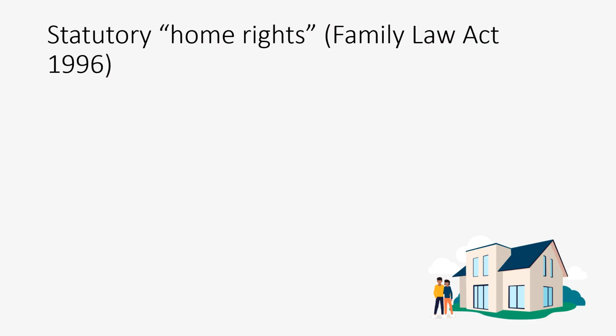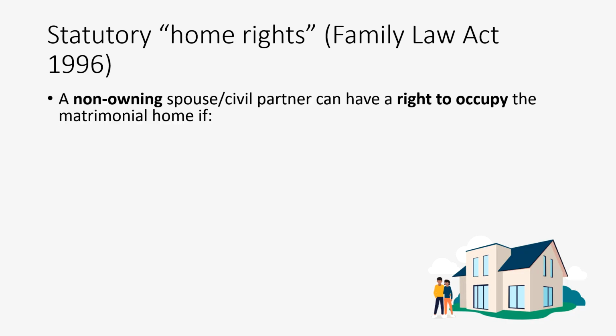Okay, one bit of a curious one are statutory home rights under the Family Law Act 1996. What are those? So it's a bit similar to the original example we had just seconds ago.